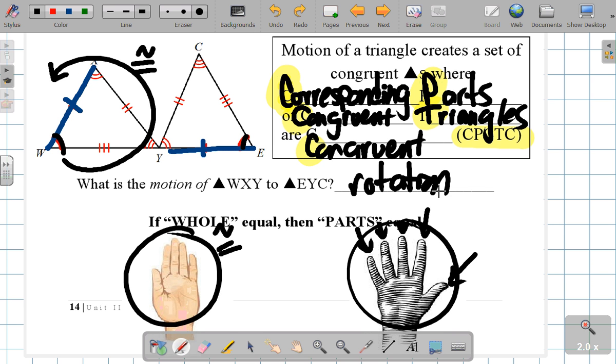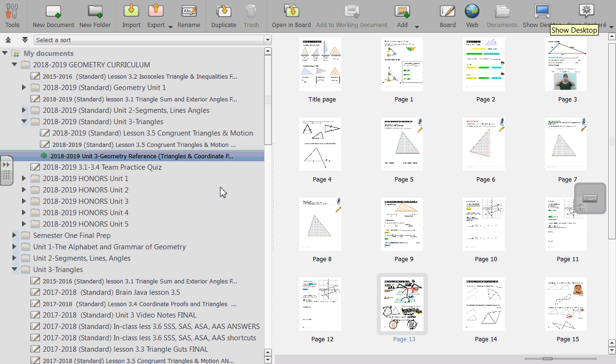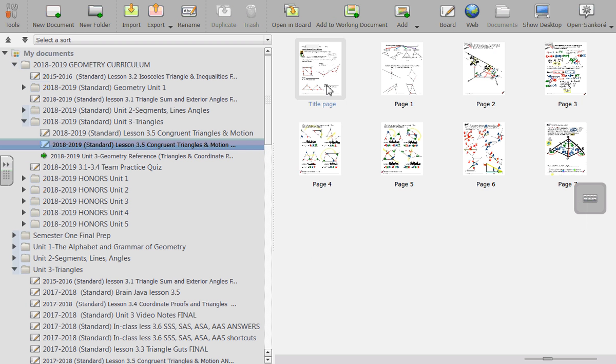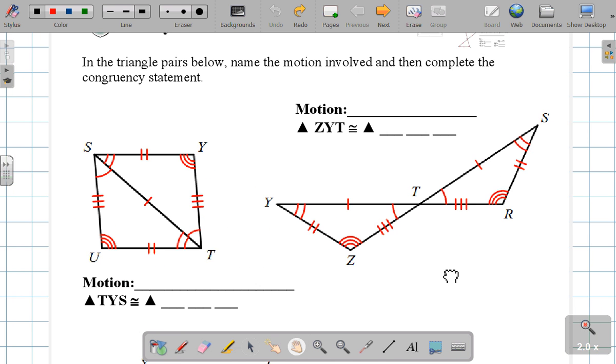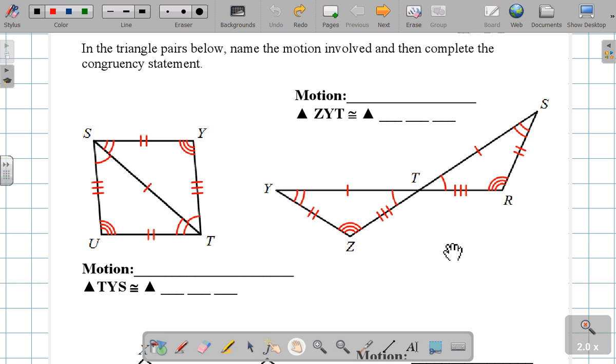All right, leave your reference booklet where you can see it. Go to the front of today's lesson. Right here. So we're going to do these 3 together. And so taking a look at your left triangle to your right triangle, you ask yourself what the motion is.